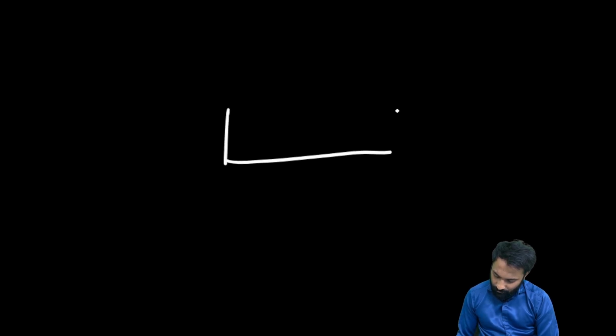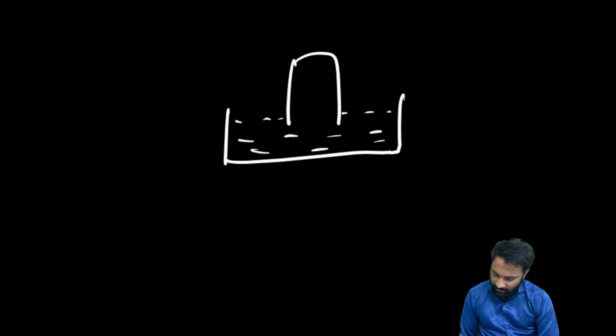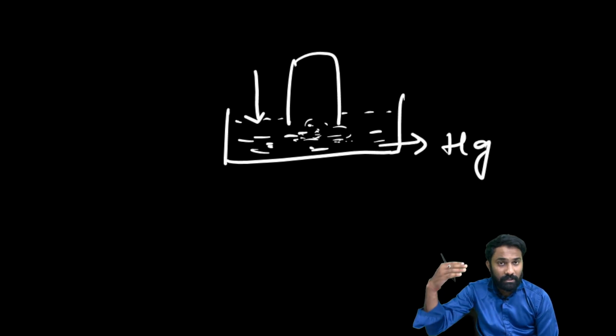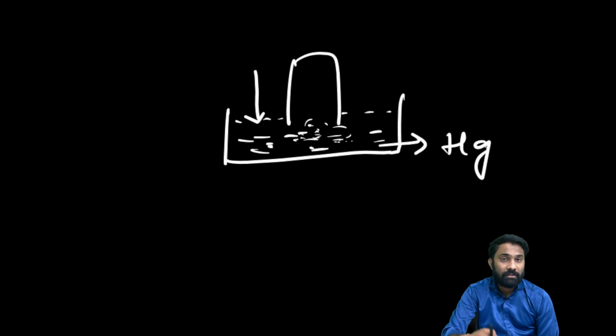Let's suppose this is the barometer, there is one Hg column, this is Hg, a rough instrument I am drawing. Now this barometer filled with Hg, when they took it to the deep sea level, in the deep sea level very high pressure will be there.